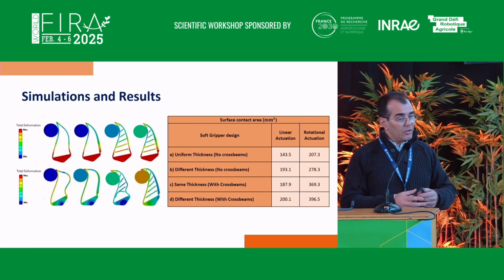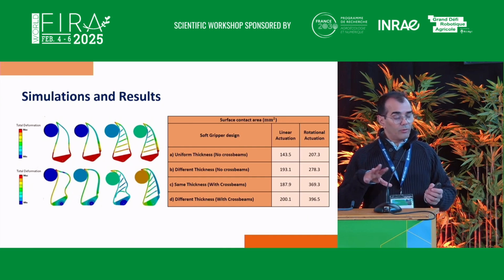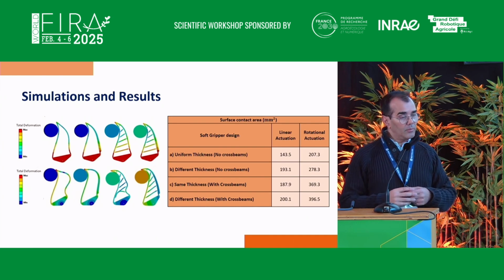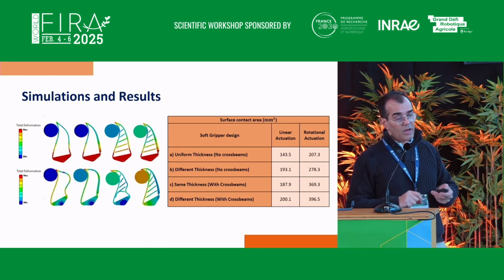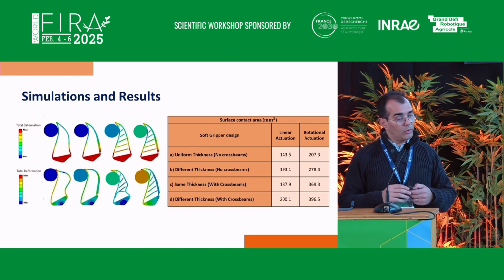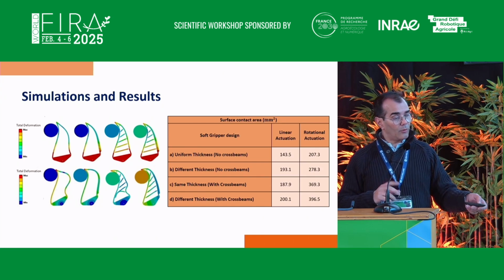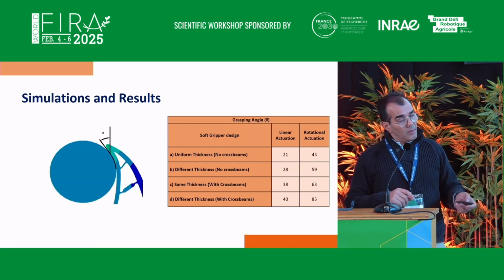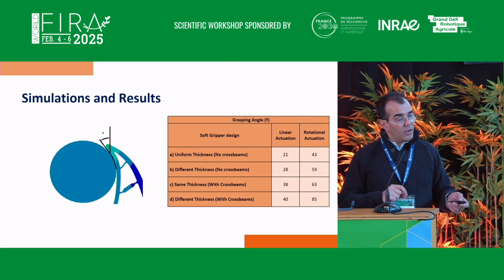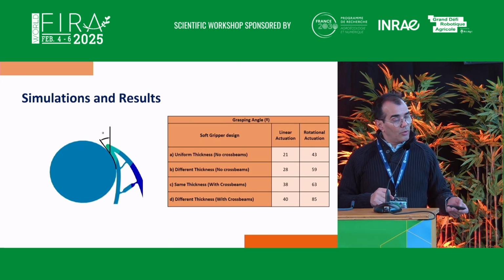As you see here, these are the results of the different grippers. With this, we get results from the linear actuation and the rotational actuation, depending on the type of finger. They provide here the best grasping angle for all of them.